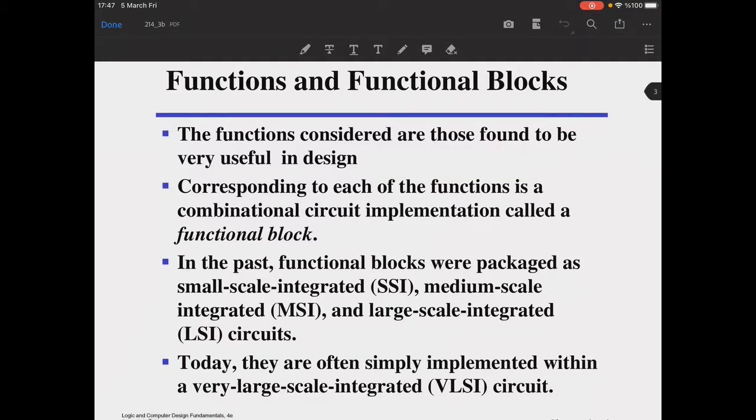In the past, they were just packed together with small scale integration, for example, and here we talk about tens of transistors, roughly, and medium scale corresponds to hundreds of transistors, and large scale integration corresponds to 10,000s of transistors, for example. And today we're dealing with usually very large scale integrated circuits.